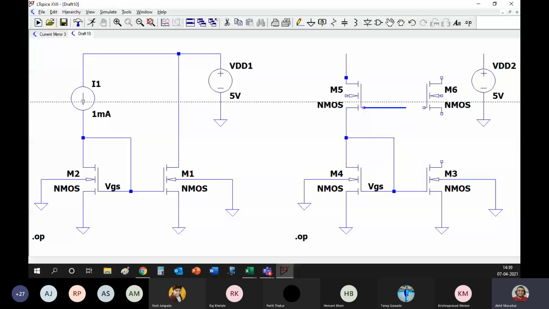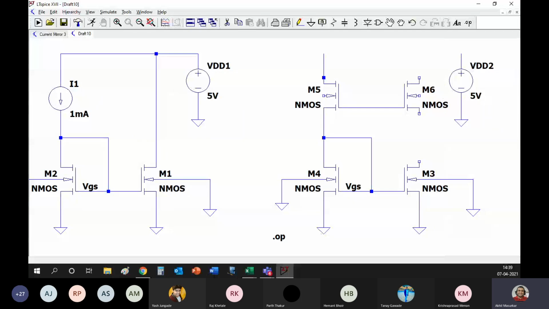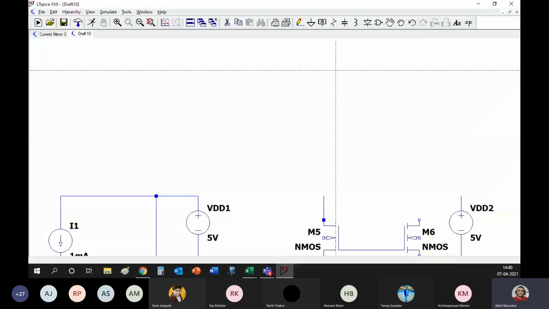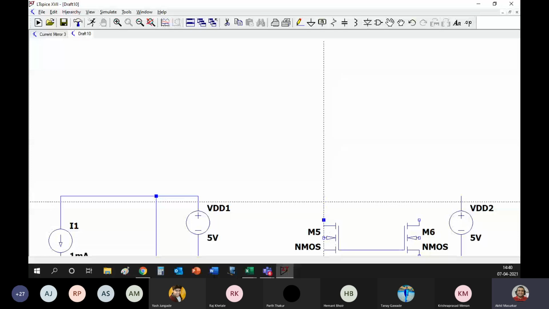Now, one question to you all, so you should answer this in the chat box. Out of M3, M4, M5 and M6, which device is a cascode device? So please answer in the chat box.